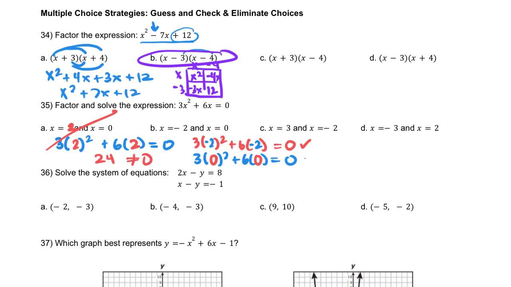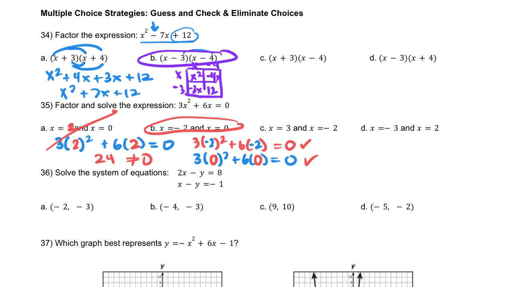So these two both worked, so this would be my answer. Of course, we can do it like we did in one of my previous videos where we factor out the greatest common factor and set our factors equal to 0. But I'm just showing you some other options so that you know that you have some fallbacks if you are getting stuck on the test.